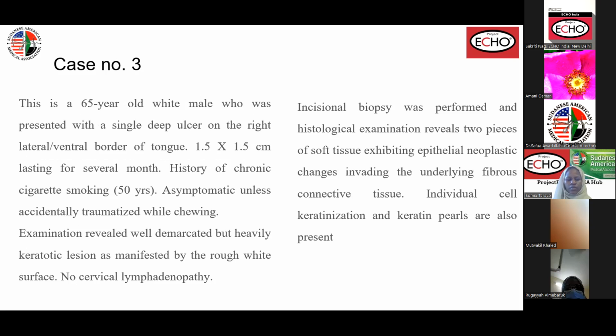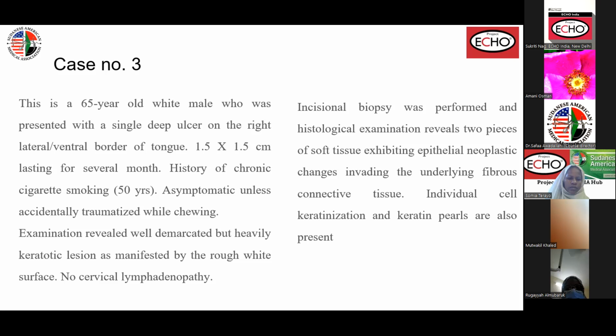So this third case, this is a 65-year-old white male who presented with a single deep ulcer on the right lateral border of the tongue. The lesion measures 1.5 by 1.5 centimeters in diameter, lasting for several months.